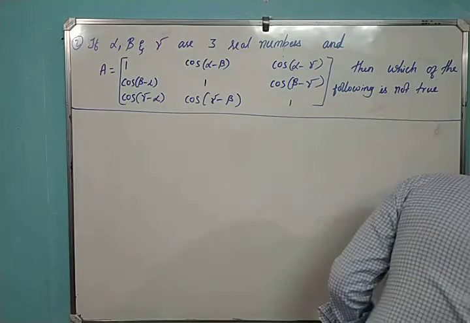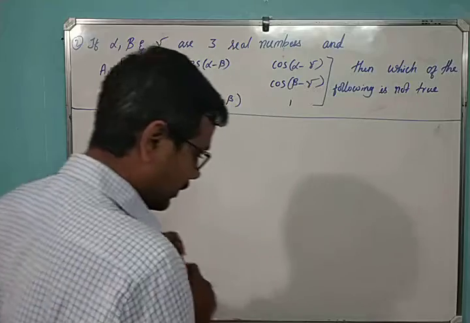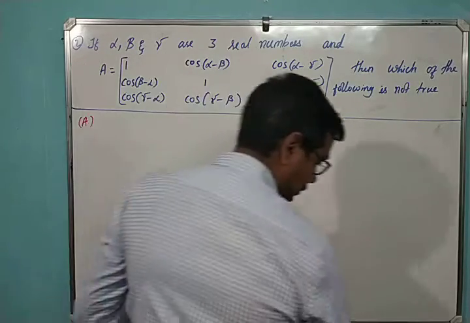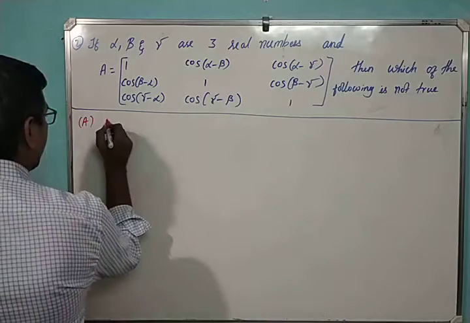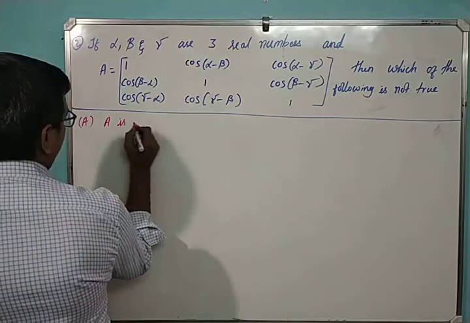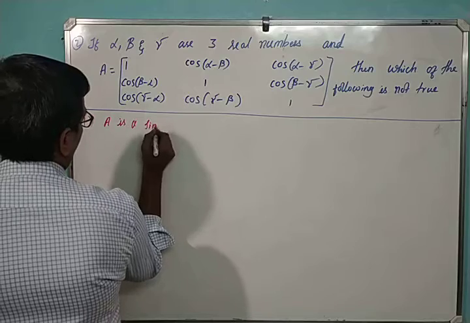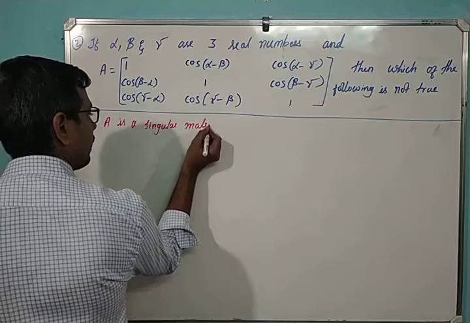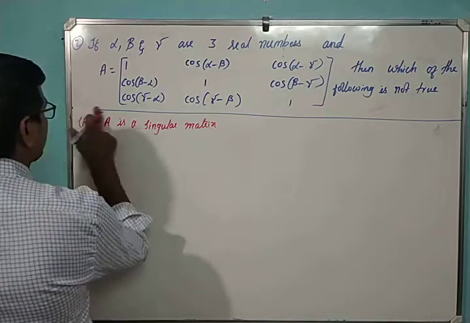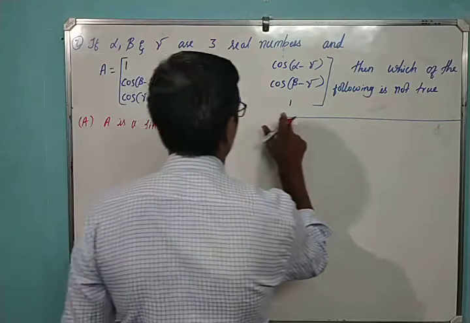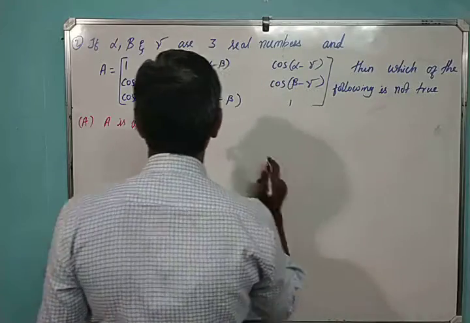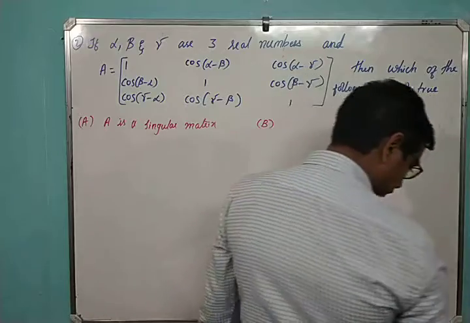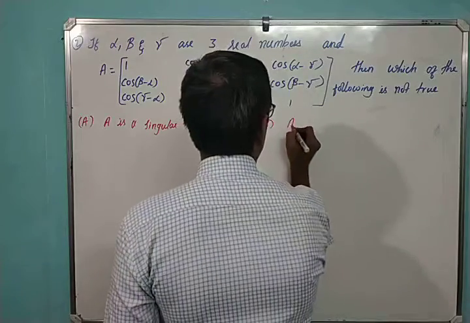So options are given. Option A: A is a singular matrix. Option B: A is a symmetric matrix.